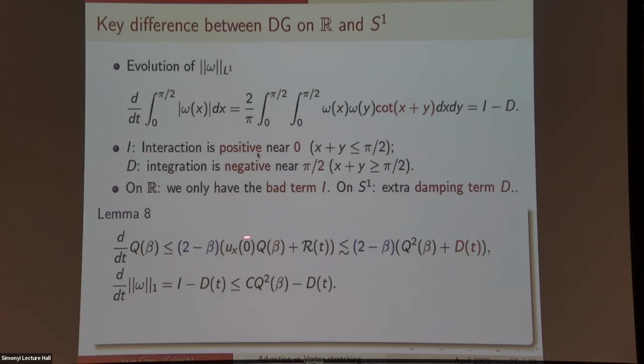Therefore, now we can control this linear term by Q square and this magic damping term. For this first bad term I, it is supported near 0. Therefore, we can use our NHQ, which is more singular near 0. So Q can control this bad term, the first bad term.